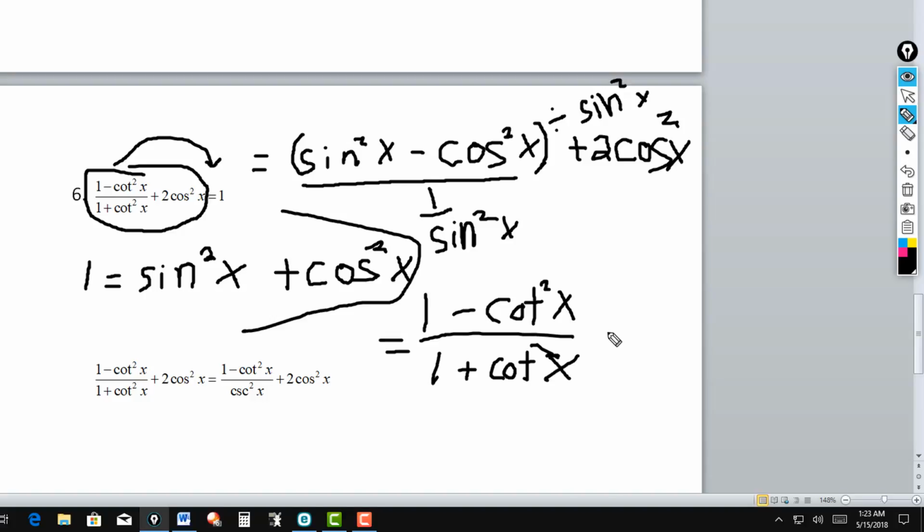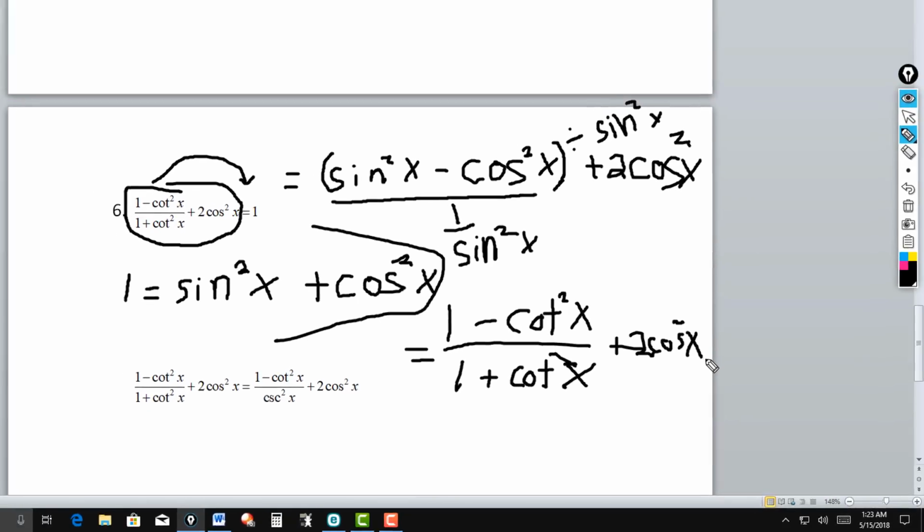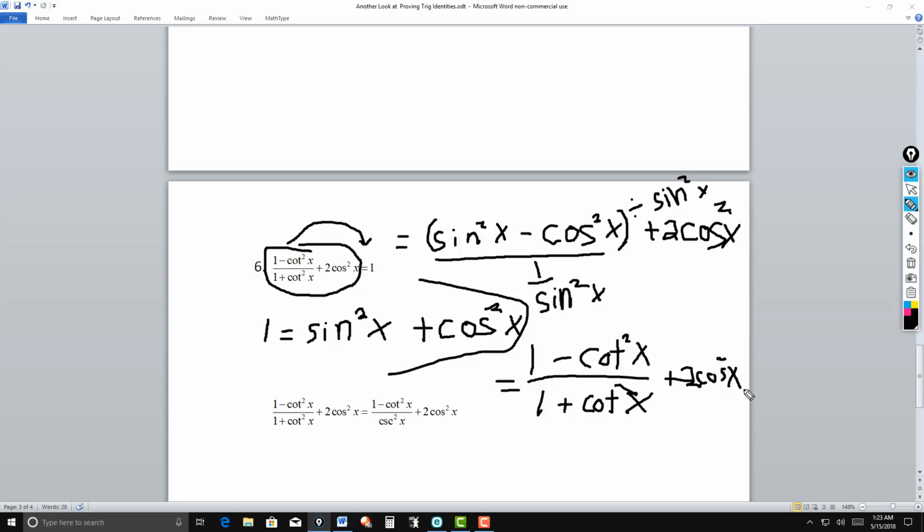And then, of course, I have my other term over here, plus 2 cosine squared of x. So you decide which side of the identity you would use. Like I said, generally it's going to work out either way, but one side is generally going to be a little bit more involved than the other one.